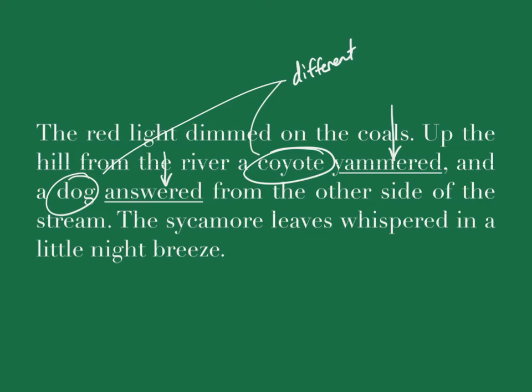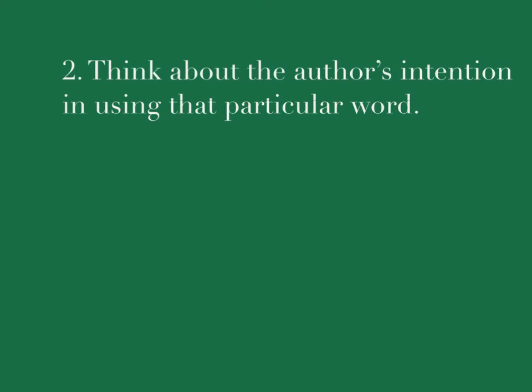And I thought to myself, Steinbeck has to have a point in this passage and with these verbs. So that brings me to the next step. I have to think about the author's intention in using that particular word, or in my case, those particular words. I've got to think about what effect the author's trying to create.